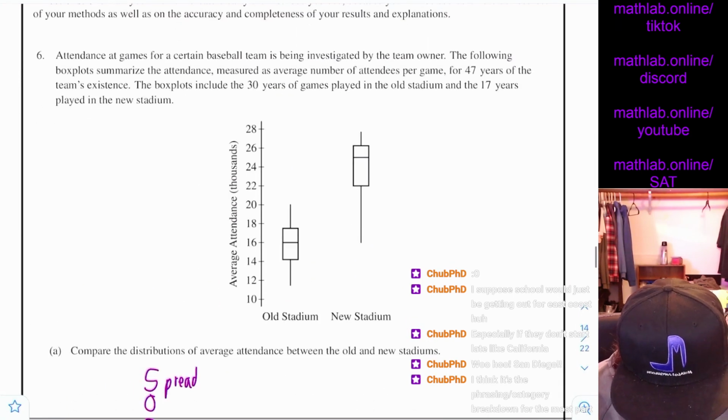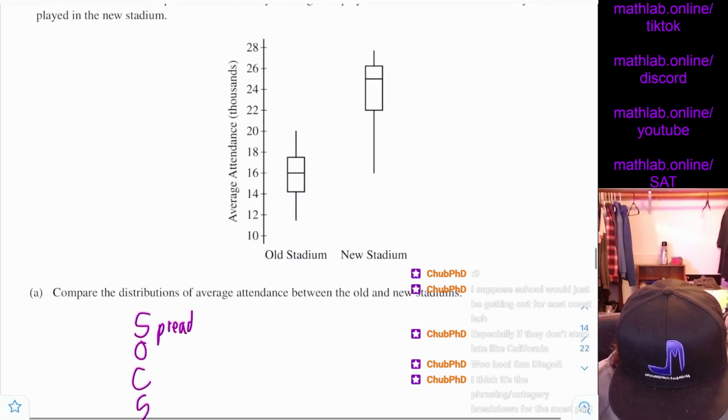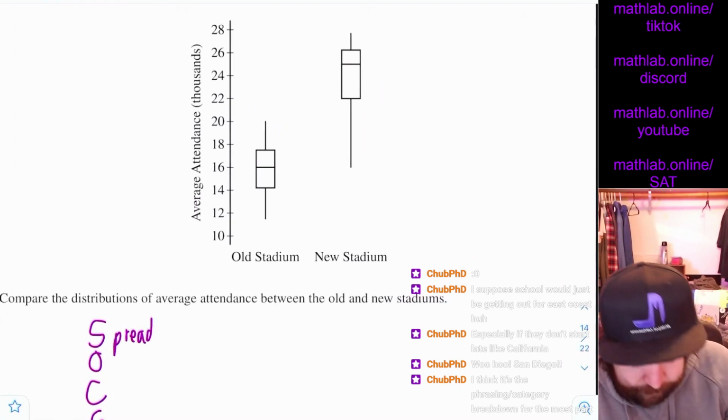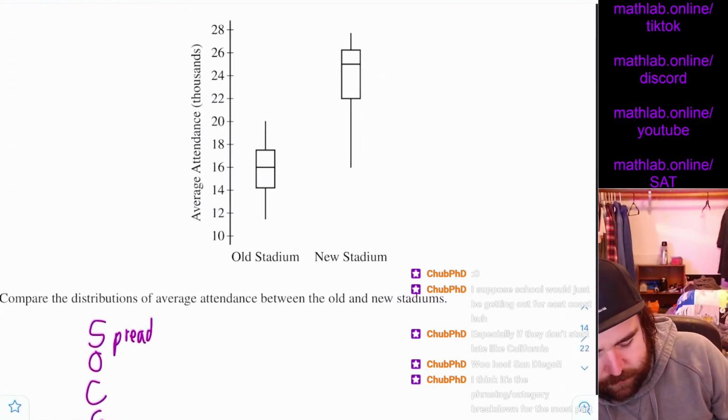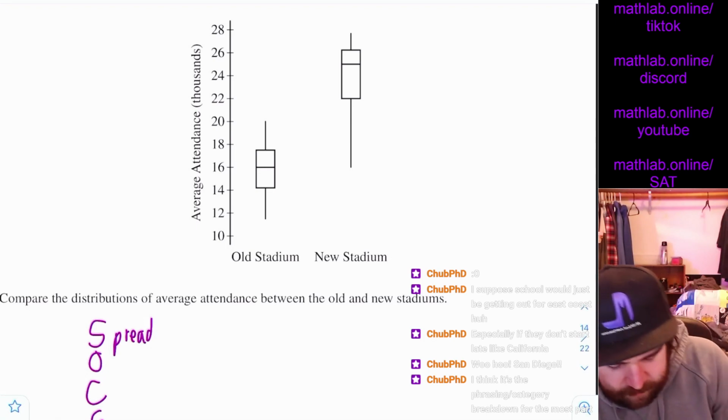The spread is pretty similar, aren't they? So the spread in the old stadium was from about 11 and a half, or the range is like 11 and a half to 22.